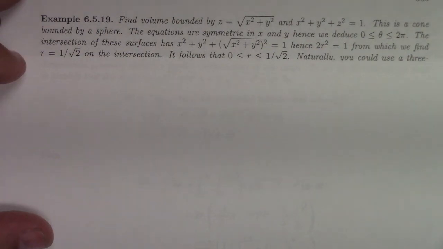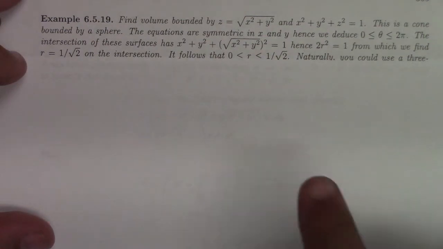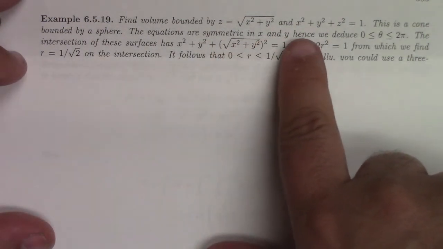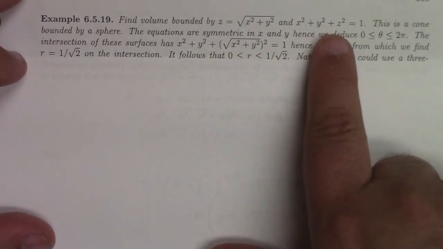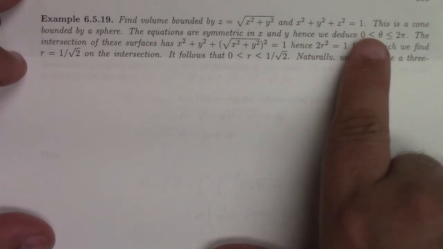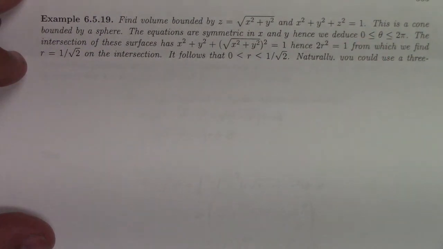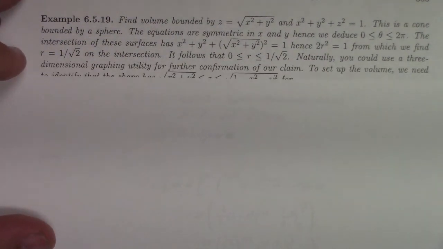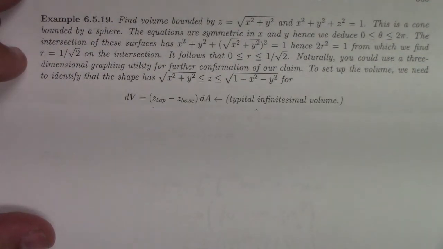And the intersection of these two surfaces has 2r squared equal to 1. I think that's clear, because if I plug in z squared, I get x squared plus y squared plus x squared plus y squared equal to 1. In other words, 2r squared equals to 1. So r is equal to 1 over root 2 on the intersection. So we've got 0 less than r less than 1 over root 2.